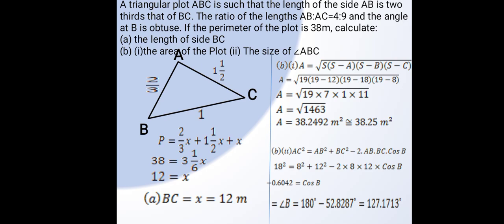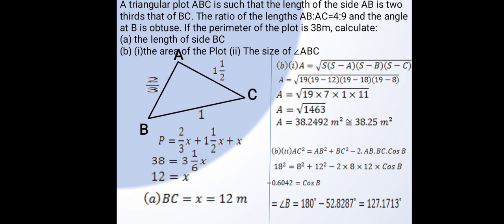Now, we have been given all the variables of the triangle, at least the ratios. First, we equate side AB to be 2/3 and side BC to be 1.